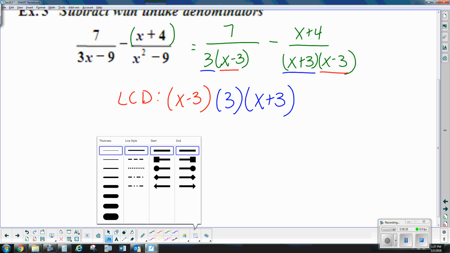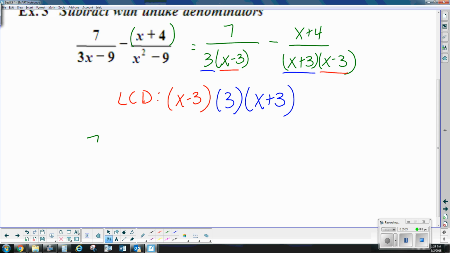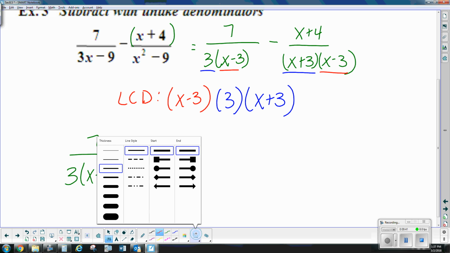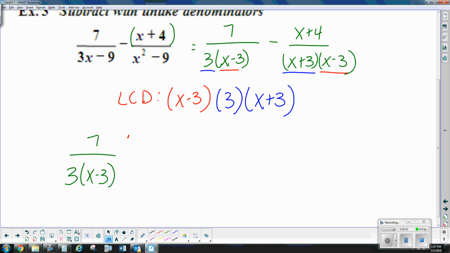We need to look at our first term, 7 over 3 times x minus 3. And in order to get our denominator to be our least common denominator, we need to multiply by x plus 3 over x plus 3.